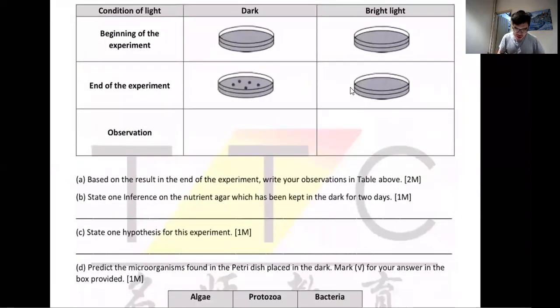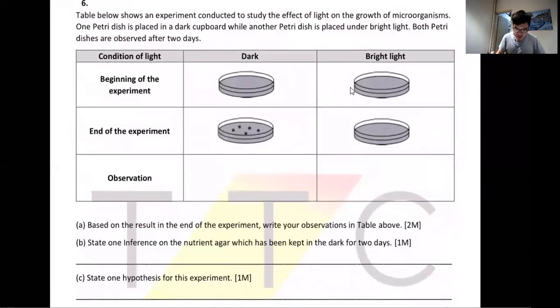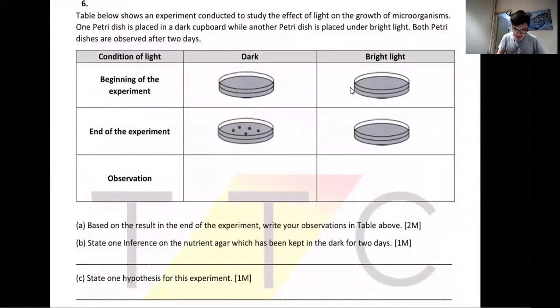So write the observation. Okay, so what are these dots called? They are called bacterial colony. Okay, bacterial colonies, or just say spots. Okay, so we can say bacteria colonies formed.